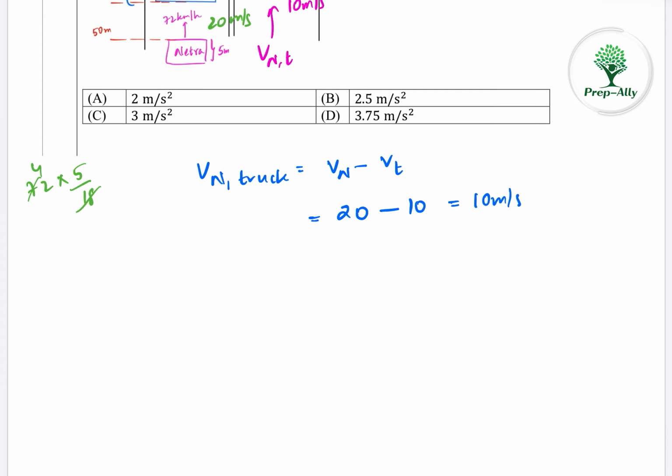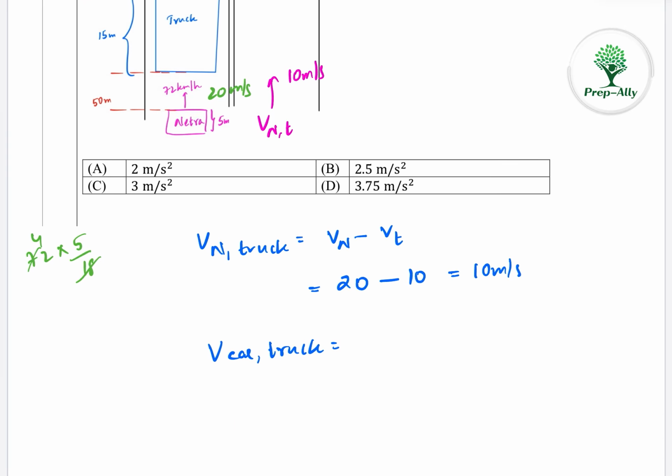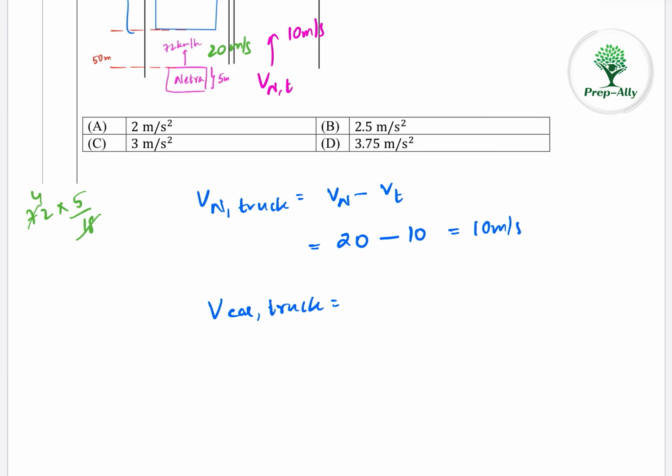Similarly, what is the velocity of the car as seen by the truck? If you see here, the car is coming in a direction opposite to that of truck. So we'll put a minus sign to denote that. So velocity of car minus velocity of truck. Because car is coming in the opposite direction, we put a minus there.